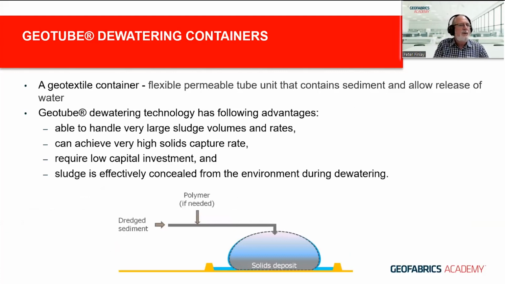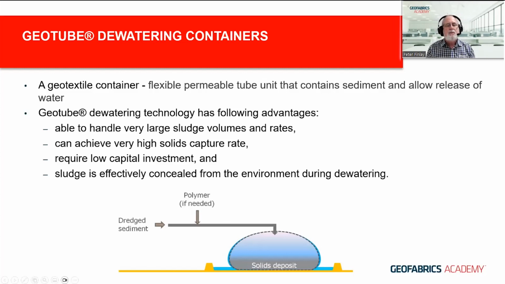I'll just mention that Geotube is a registered trade name of Solmax, formerly TenCate, and TenCate were the early developers and adopters of this technology. So what is a geocontainer? It's effectively a flexible, permeable tube with a function to contain the sediment and allow the release of water out through the fabric.